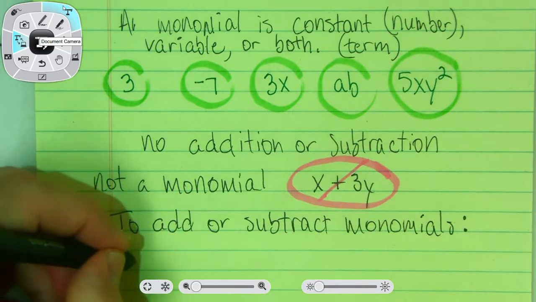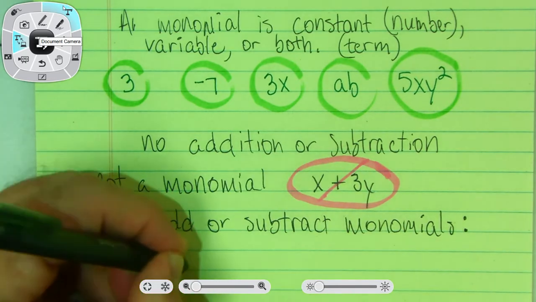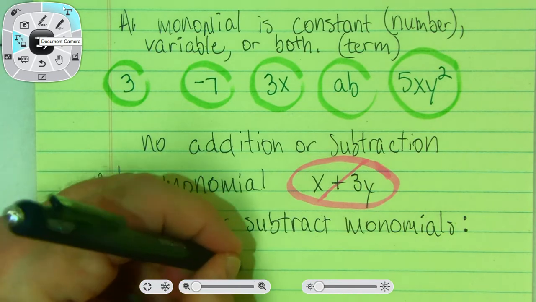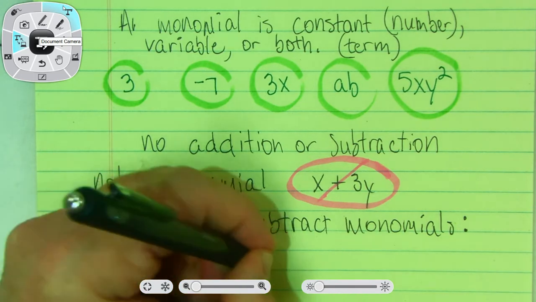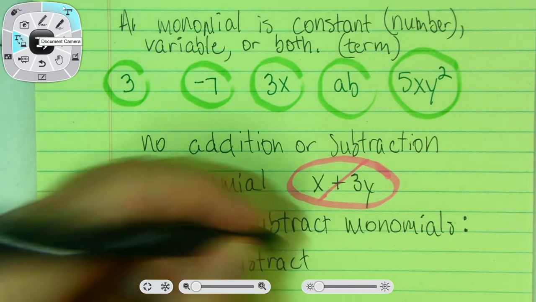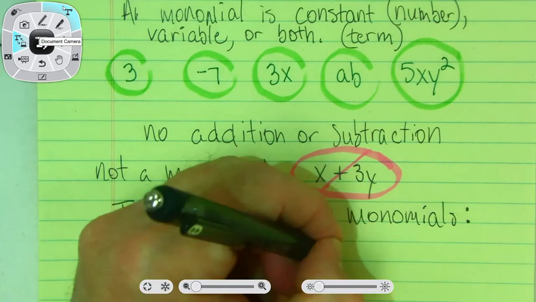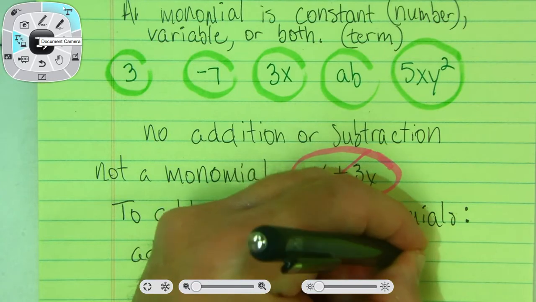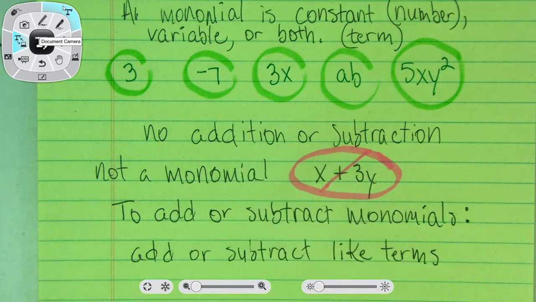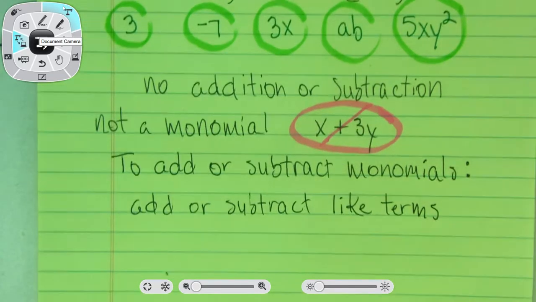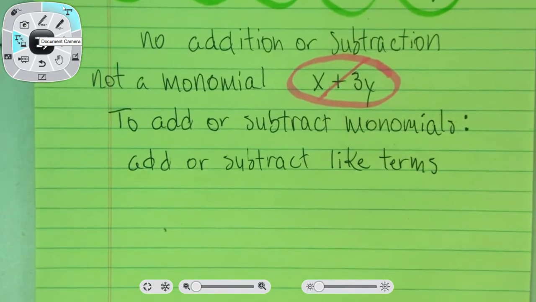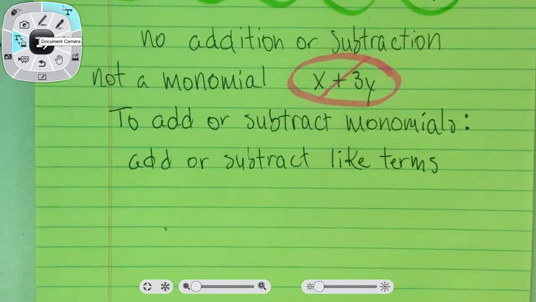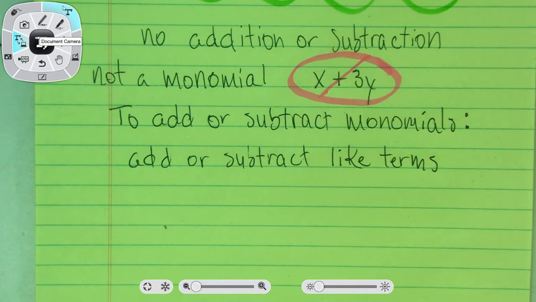All we have to do is add or subtract what we've already identified as like terms. We've talked about that already. And we know that if their terms are alike, meaning that they have the same variables with the same exponents, they're like terms.